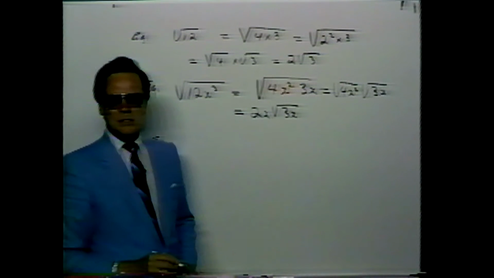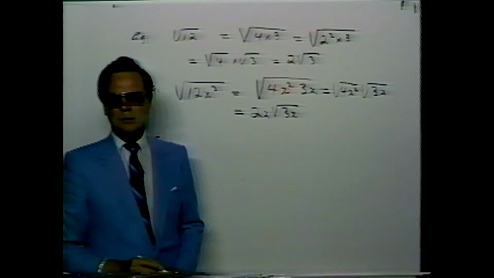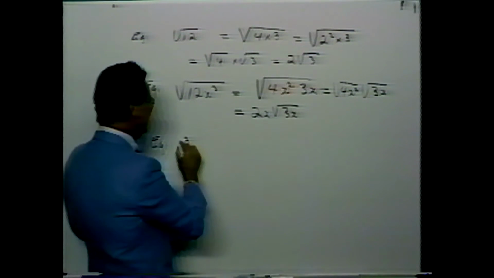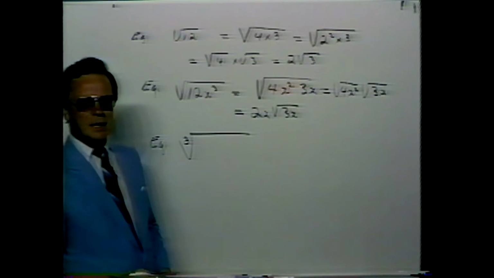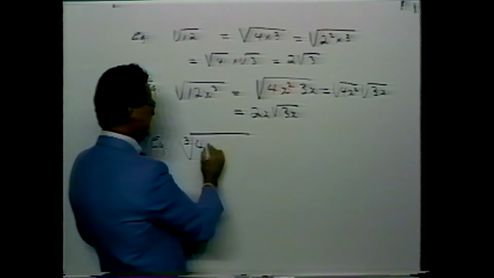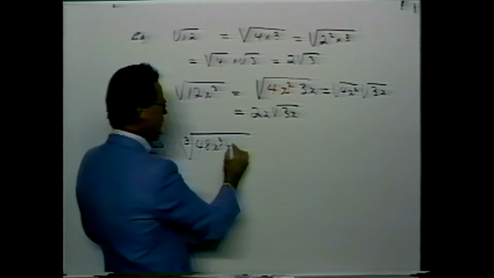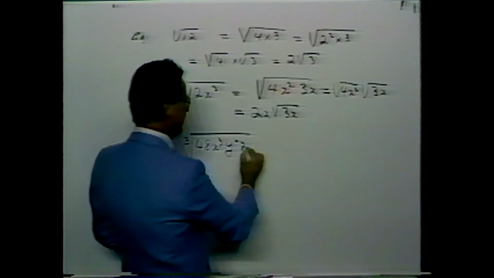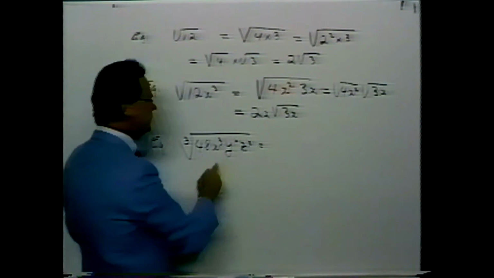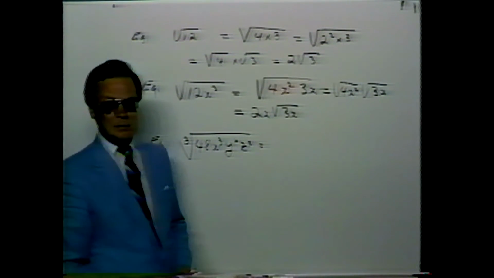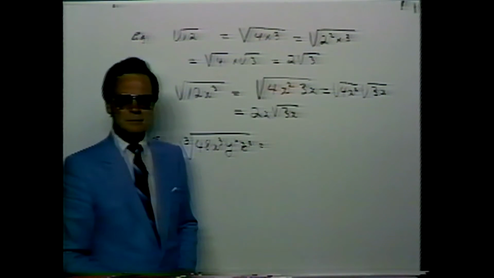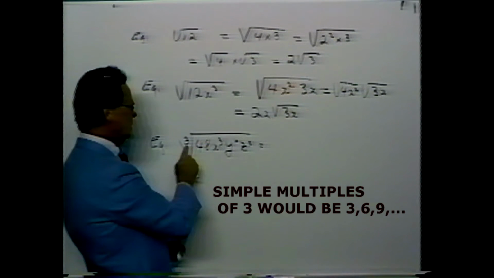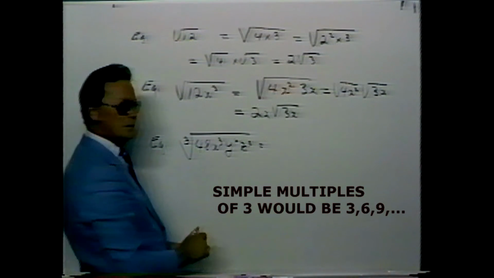Let's try another example, but this time we will use a different index. The cube root of 48x cubed y to the 6th z squared. Can you find powers in the radicand whose exponents are simple multiples of the index 3?